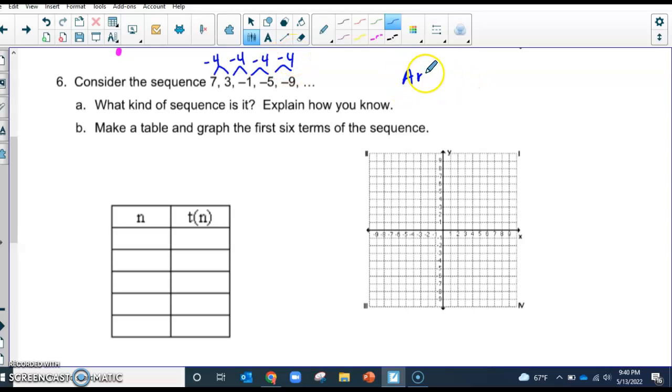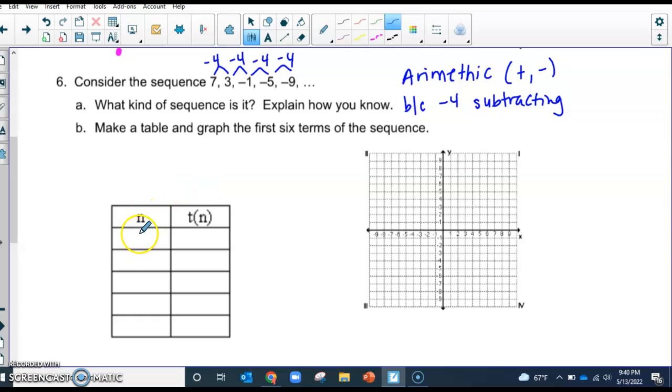Well, I know that arithmetic is addition and subtraction. So this is an arithmetic sequence because it is subtracting, and you can label that however you want.